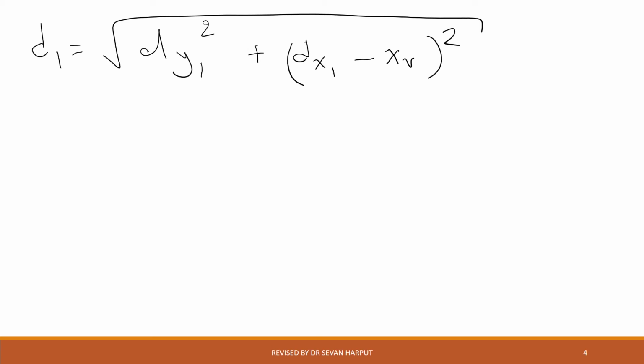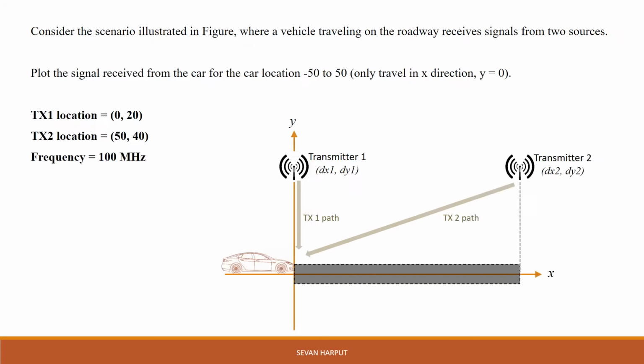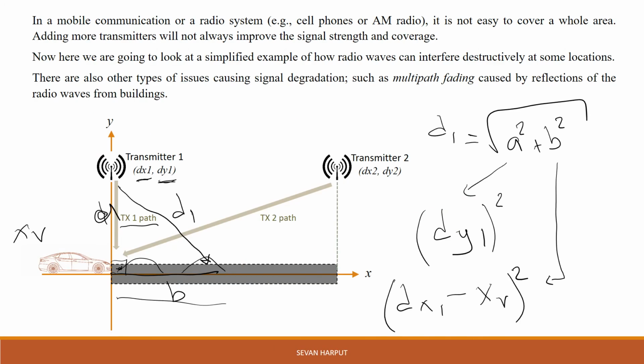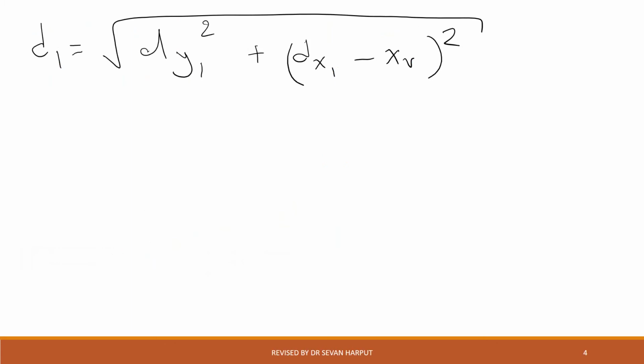Wave propagation through a distance is going to give a phase delay or a time delay. So from this distance we need to find the time. How long does it take the signal to go from transmitter to the car? That's the most important information for us actually.